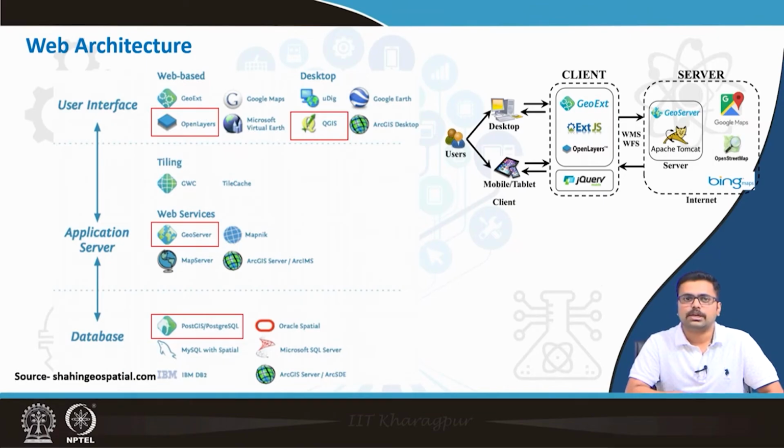Similarly, on the application side, we have Geoserver. We are going to see how Geoserver works as an application server, and finally in the database we have PostGIS, PostgreSQL. We also have a lot of other proprietary databases like IBM or ArcGIS server, but here I have highlighted the open source or freely available user interface, application server and database.